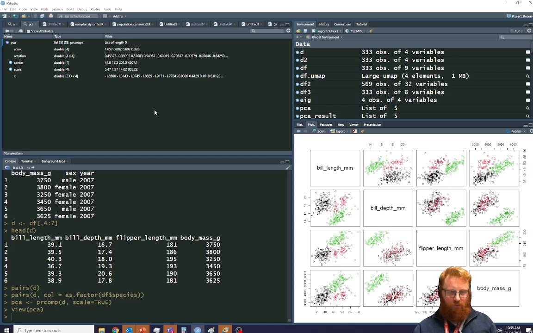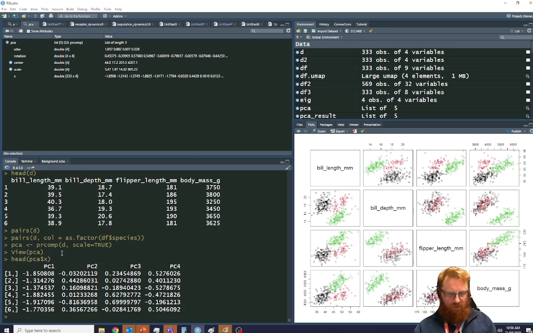Let's jump straight to the good bit. If I go head of PCA dollar lowercase x, there we see it. Here's our data on principal component 1, that axis of maximal variation. Here it is on principal component 2. So now we should be able to say plot, and we want PCA dollar x, and we can use those square brackets again to say we want every single row and the first column on our x-axis.